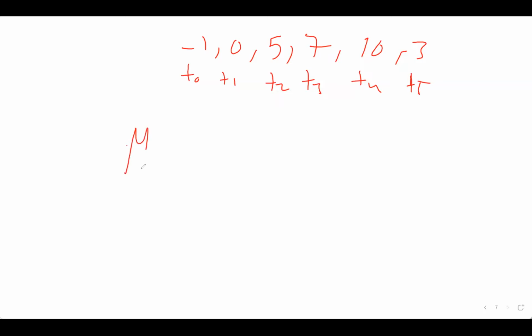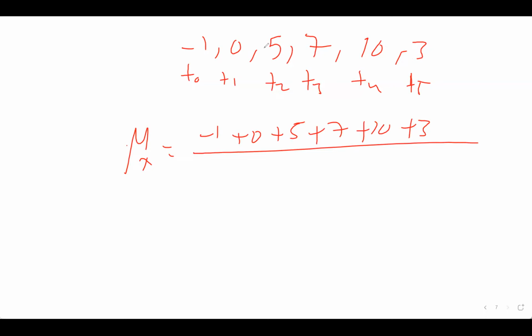The mean μx equals -1 plus 0 plus 5 plus 7 plus 10 plus 3, divided by how many we have: 1, 2, 3, 4, 5, 6, so divided by 6. The sum is 24, and 24 divided by 6 is 4 volts.